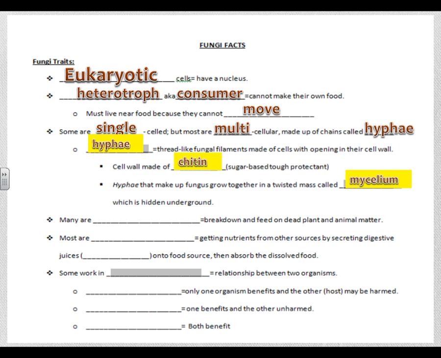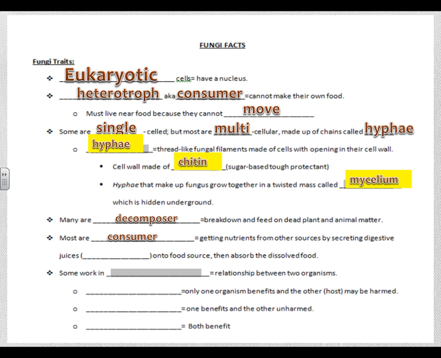All right. When we look at the fungi, we can say that many of them break down food and eat dead plant or dead animal matter, which means they are considered decomposers. Piggybacking off of the second bullet from the top, they get their nutrients from other sources, which means they are heterotrophs, also known as consumers or feeders.